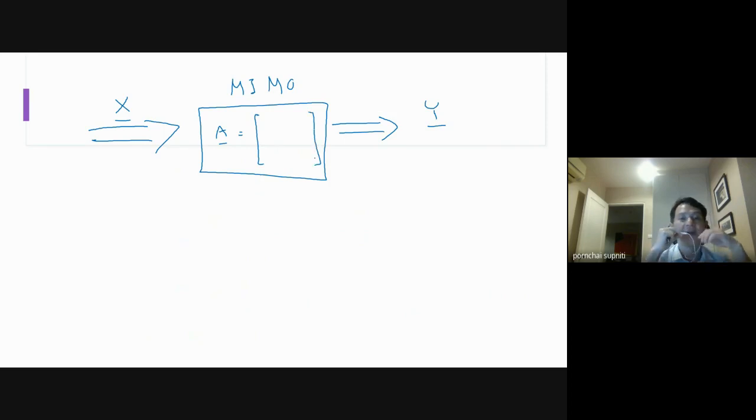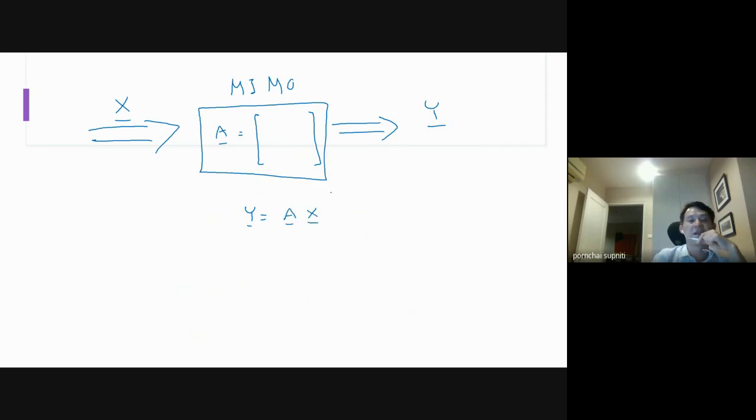In some systems this A matrix can be hundreds times hundreds, or even thousands times thousands. It doesn't have to be a square matrix. So Y is equal to AX.